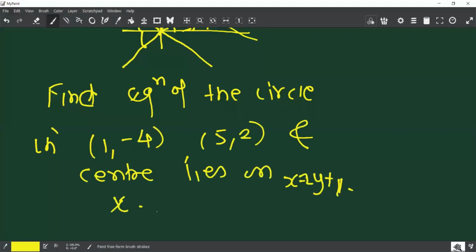Center lies on this and the circle is passing through the two points.